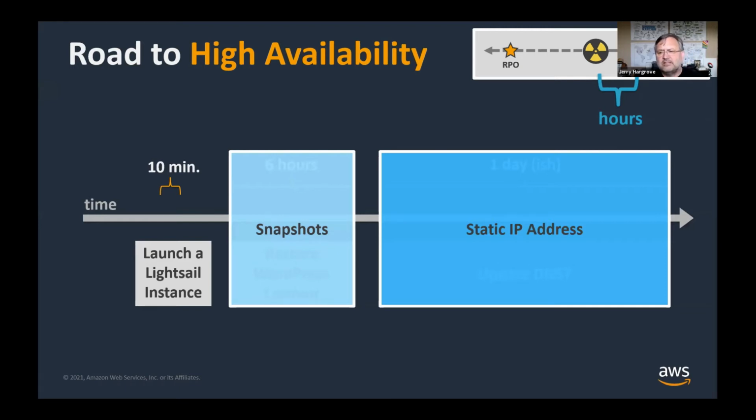And the number of minutes that it actually takes is how long it takes to restore that snapshot and reassign a static IP address. So really what's happening is if there's a failure of your system and you have to restart it, then the amount of time that it takes to do all of that is determined by how much time it takes you to restart a Lightsail instance using a particular snapshot and then reassign that static IP address to your Lightsail instance.